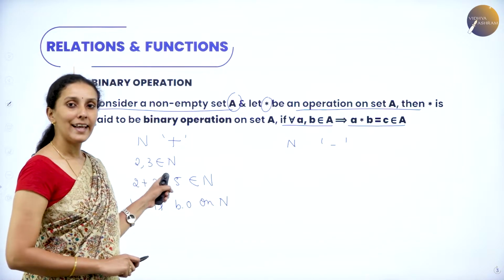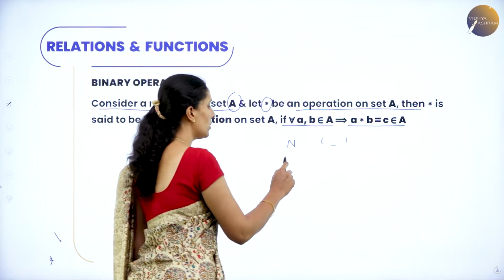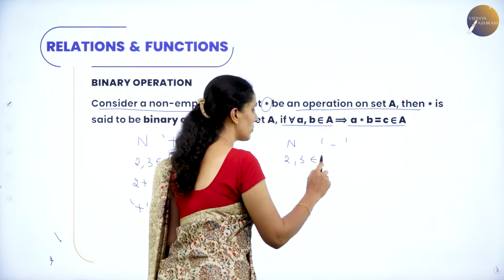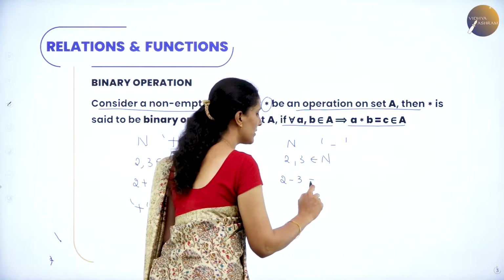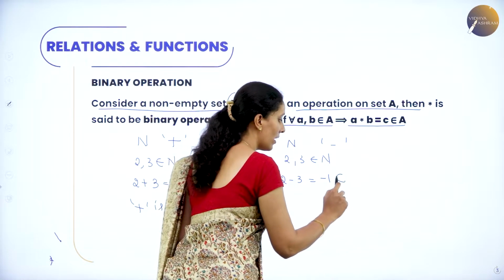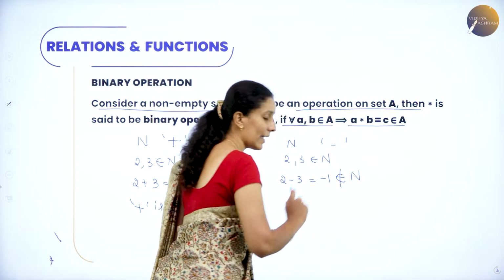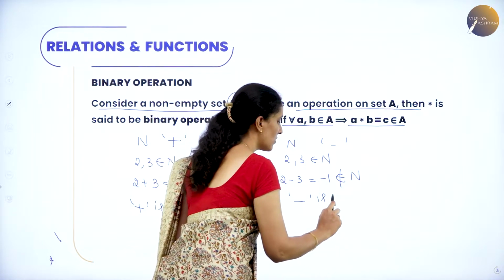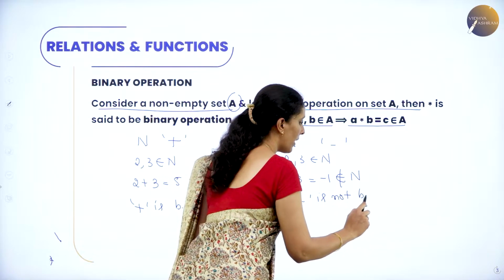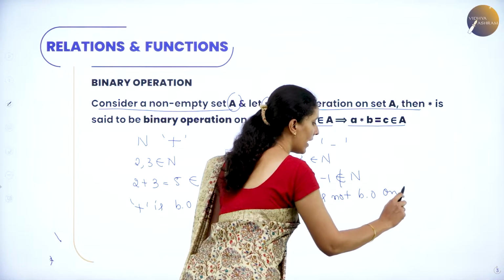Let me take the same two numbers. We know that 2, 3 belong to N. What is 2 minus 3? 2 minus 3 is minus 1, but minus 1 does not belong to the set N. So therefore, we can say minus is not a binary operation on N.